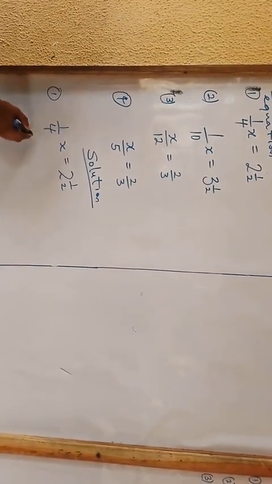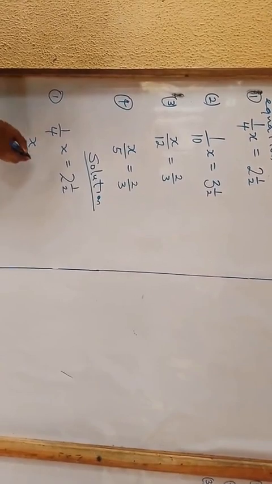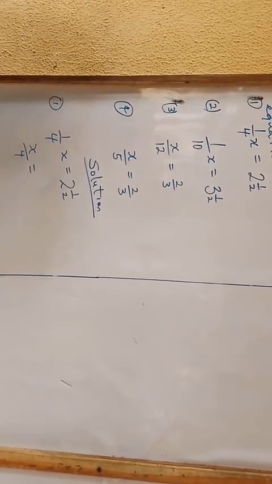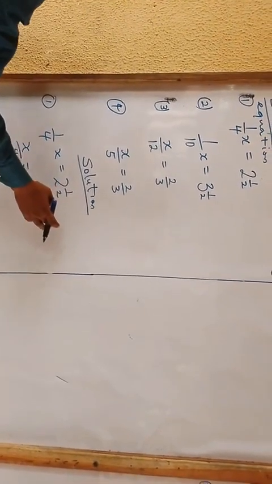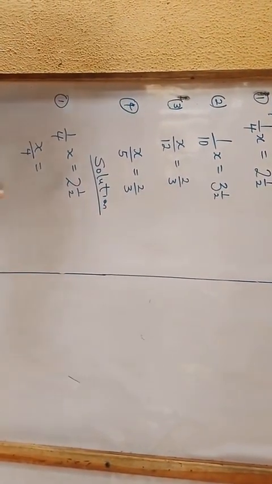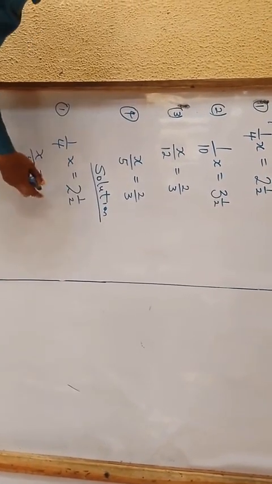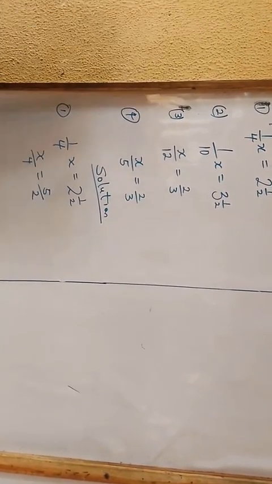So 1 times x will give us x. So we are going to have x over 4 is equals to this 2.5, which is in form of mixed fraction, could be expressed as an improper fraction. So 2 times 2 will give us 4 plus 1. We are going to have 5 over 2.